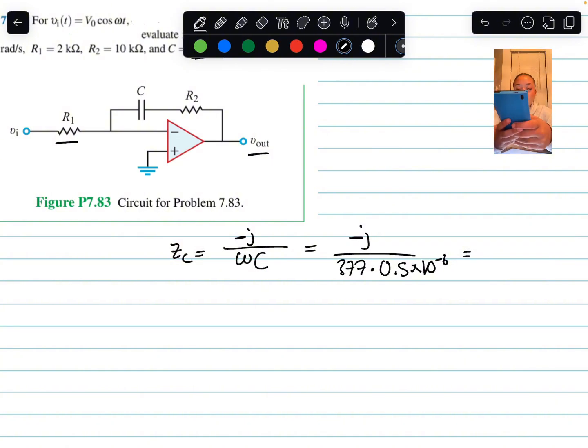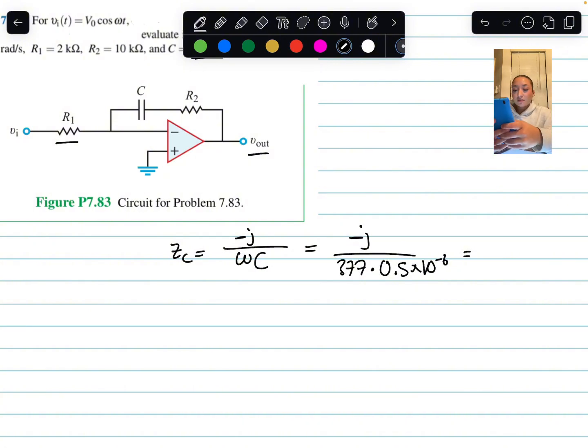I'm going to put it exactly how it is, and whenever I do my J, you have to go right here and see that little i. That's what we're going to be using for J, because we can't put J, it's an imaginary number. Then divided by 377 times 0.5 times 10 to the negative 6.